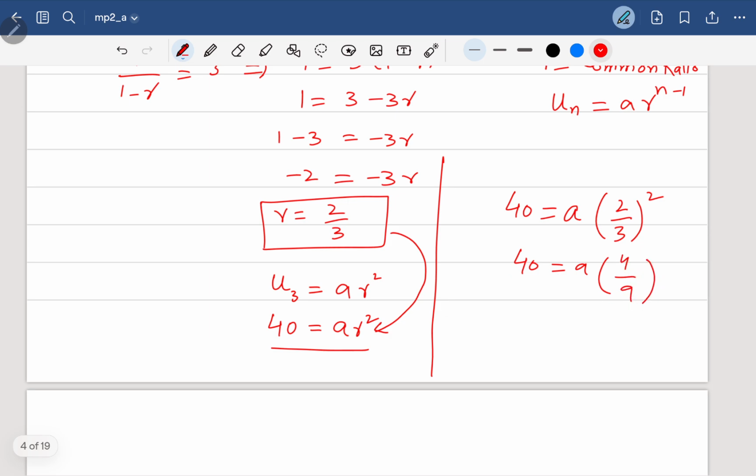If you multiply 40 by 9 and divide by 4, you will get the value of a. If you simplify this, your answer will be 90, because 40 divided by 4 is 10, and 9 times 10 is 90, so the value of a is 90.